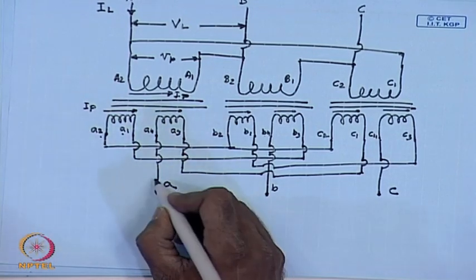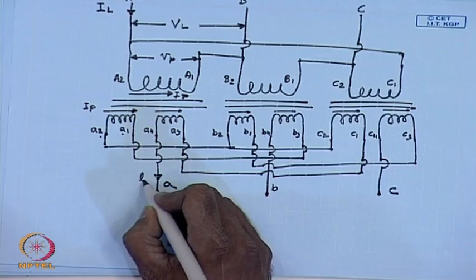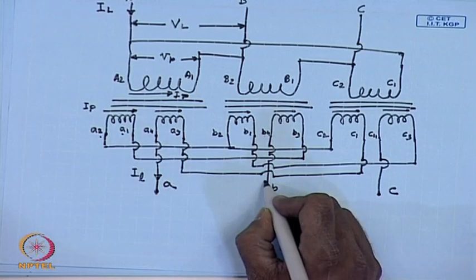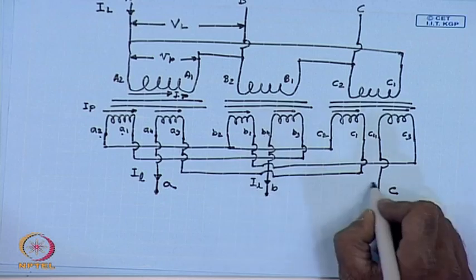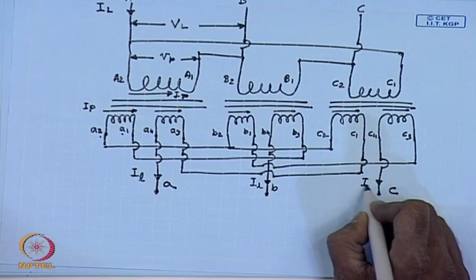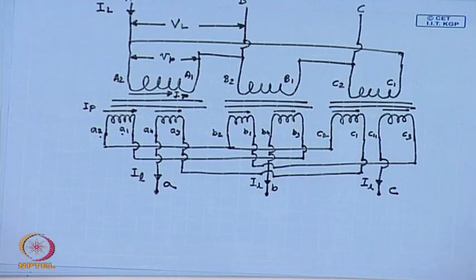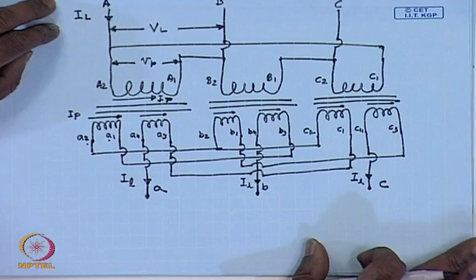So, these are the line currents I L. First, let us see how the voltage and current phasor diagrams will look like for this kind of a connection.